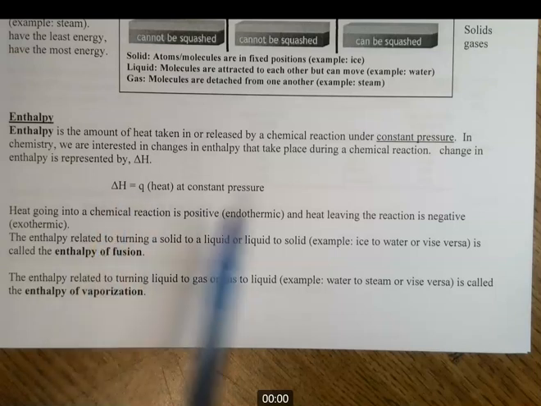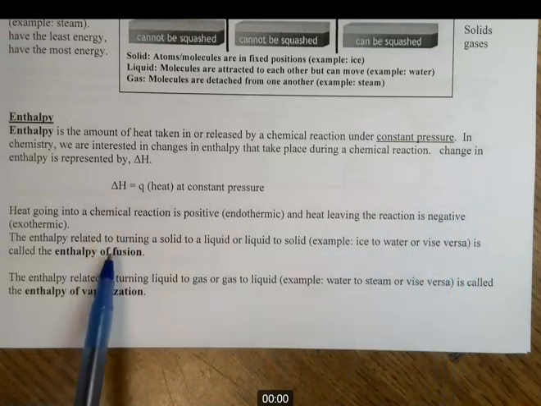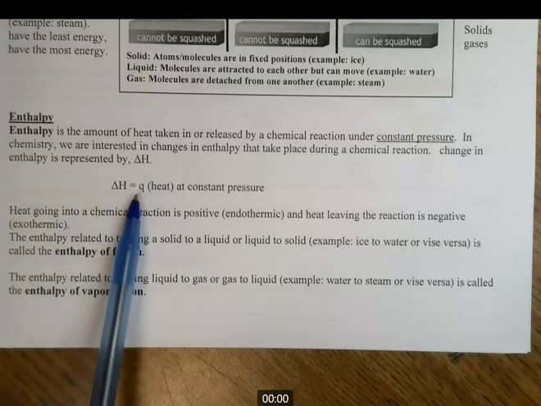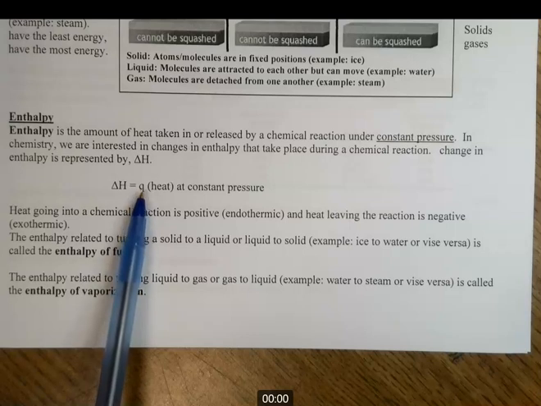So delta H and enthalpy, let's go ahead and finish reading this. In chemistry, we're interested in changes in enthalpy that take place during a chemical reaction. Change in enthalpy is represented by delta H. So delta H equals Q. So remember we said heat was. Heat is not something that's internal to an object.